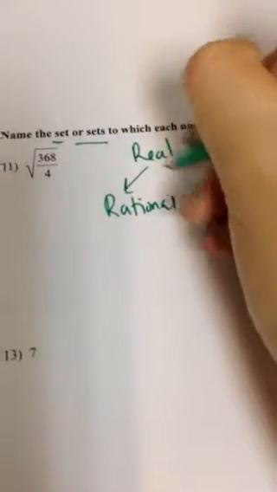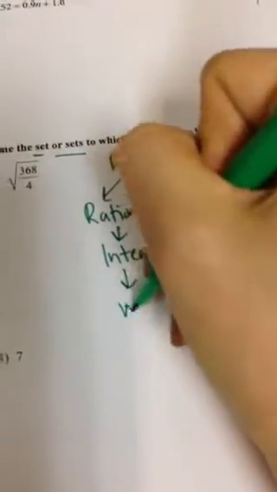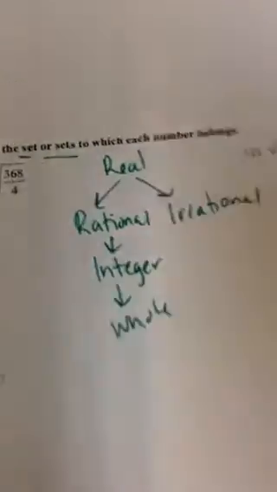We have our rational and irrational. A subset of rational is integer. A subset of integer is whole. So for example, if it's a whole number, it's also an integer, it's also rational, it's also real.